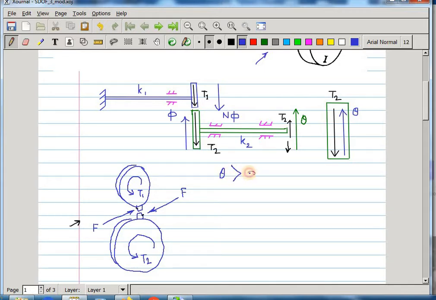So theta has to be greater than phi for T2 in this direction and T2 in this direction. That means this end has rotated more in one direction and this end has rotated less in the same direction. This T2 acts on the disc in this direction, and this is the rotation of the disc, which is theta.